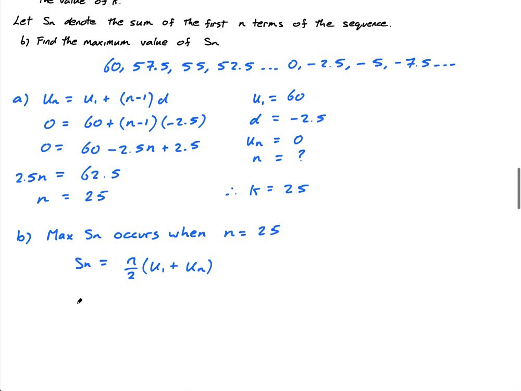And we want S25, S of 25 is equal to 25 over 2 times u1, which is 60, and u25, which is 0. So it's just 25 over 2 times 60, which is 60 times 12.5.